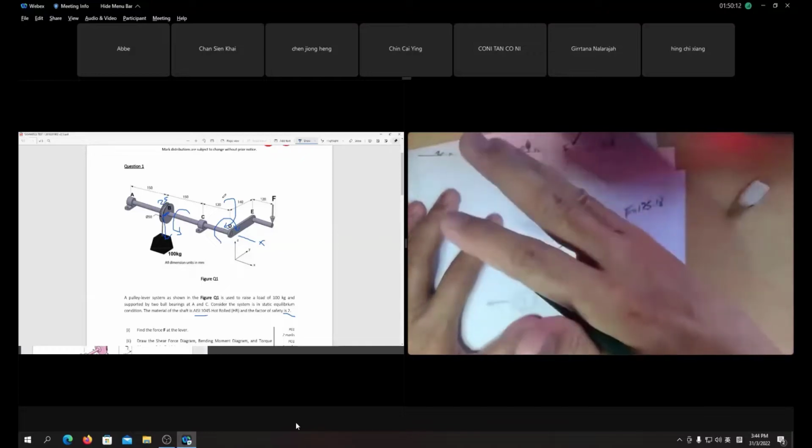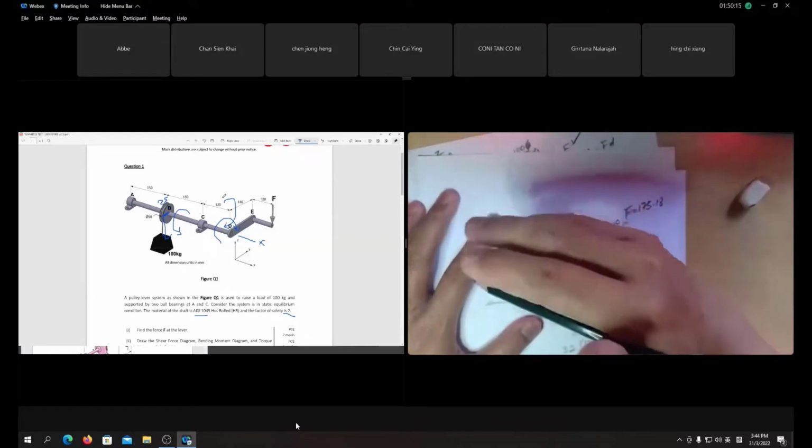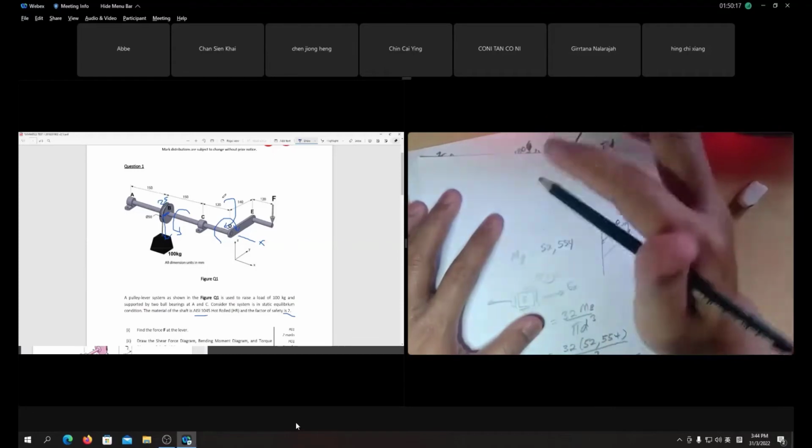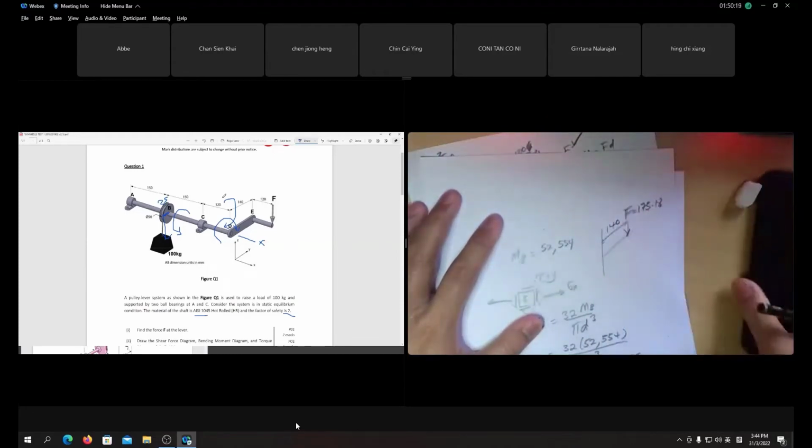Or the weight 100 kg times 9.81, meaning 981 Newton, times the diameter of the pulley, 25, is the same. So that will be your torque value.